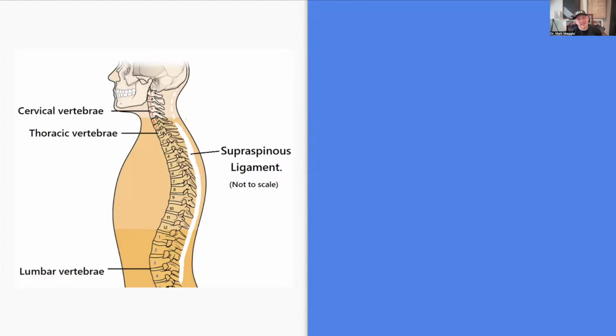So you have this ligament in the back part of your spine that has a fancy name, which is really awesome. It's called the supraspinous ligament, which means above the spinous processes. It goes from the top part here in the cervical vertebrae all the way down to the bottom of the sacrum.